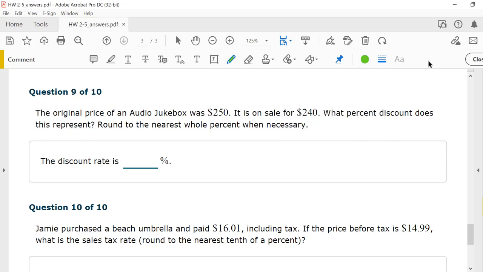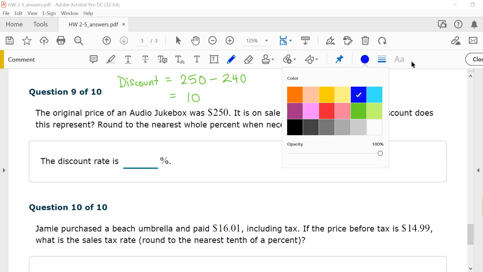It was originally $250. It's on sale for $240. So how much was the discount? Discount would be the original cost minus the sale cost. So $250 minus $240 is $10.